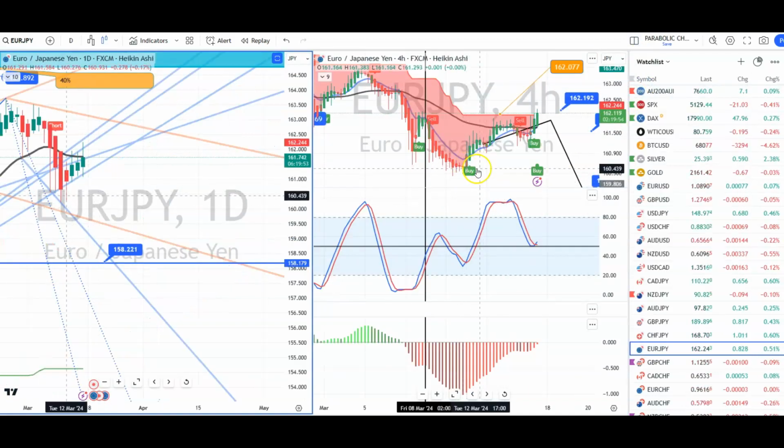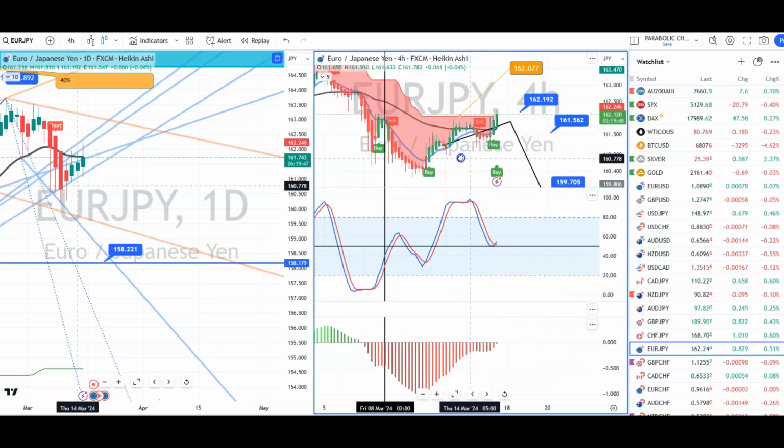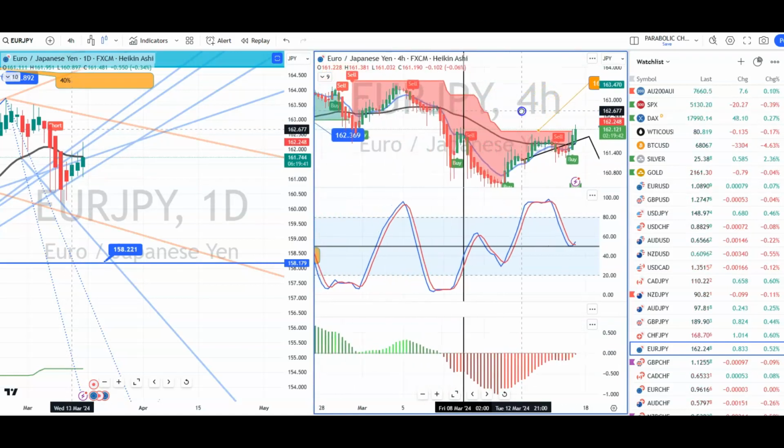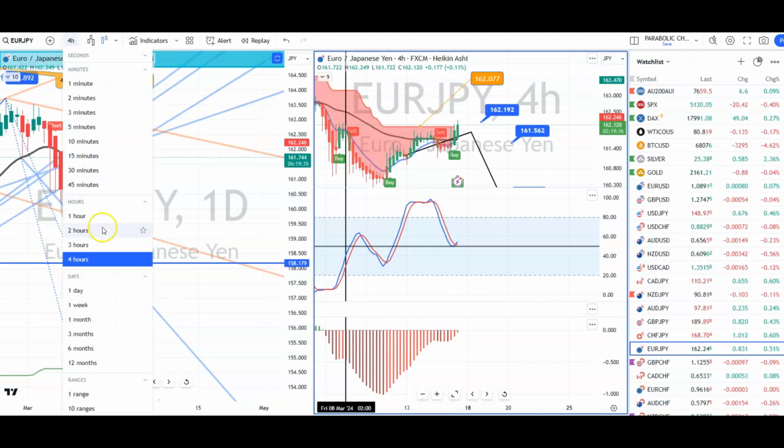So this situation here on the 4-hour chart is still weak, however, it is no longer parabolic. So that's the first thing. And to clarify, once the price is parabolic and it's a selling opportunity, you can just dive in and flick down to the 2-hour chart.